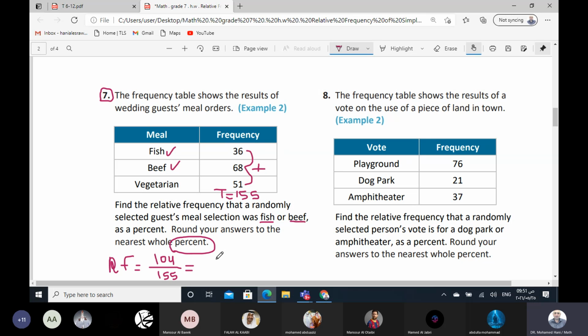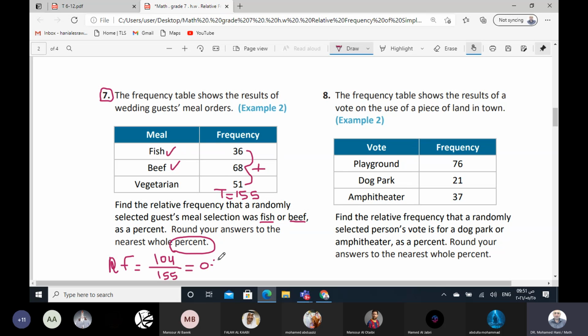Now we can divide 104 by 155. The answer will be 0.6709677, etc. So we can use the estimate. So the answer will be about 0.7.